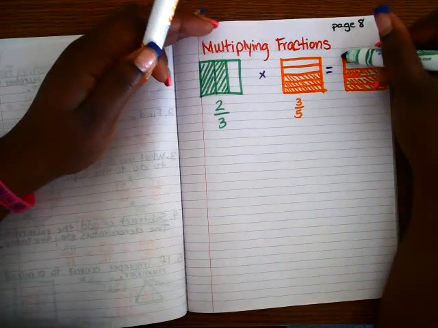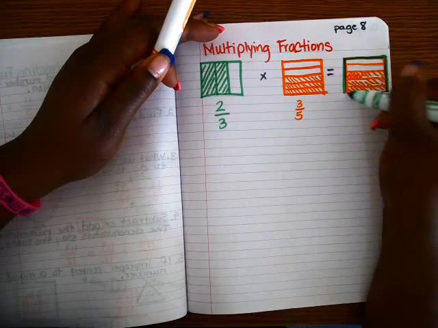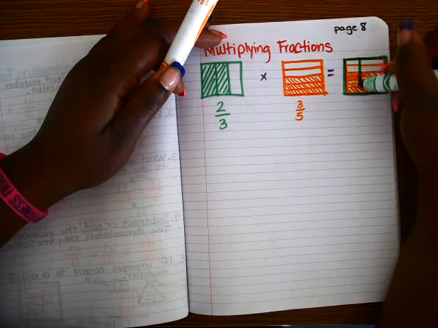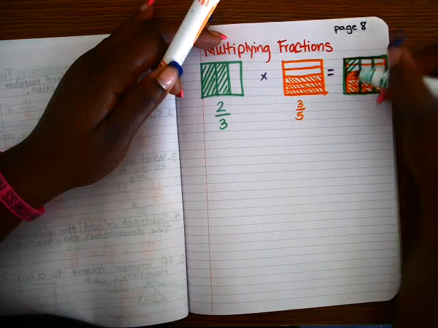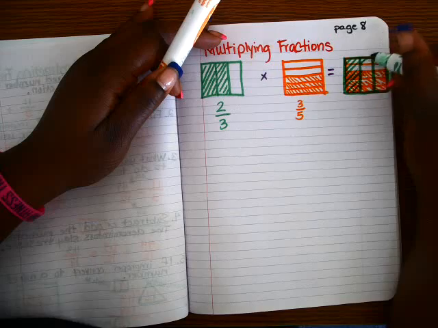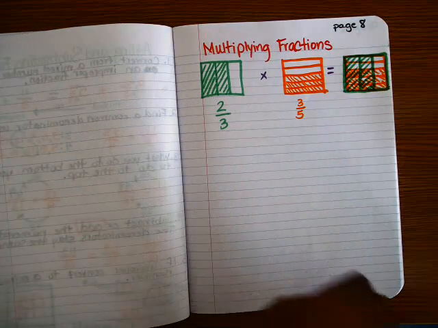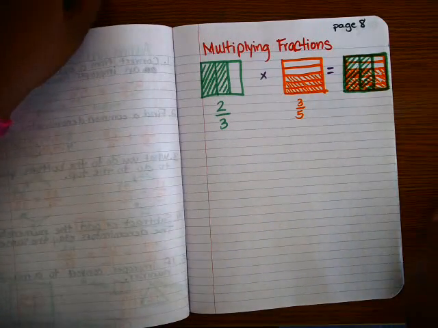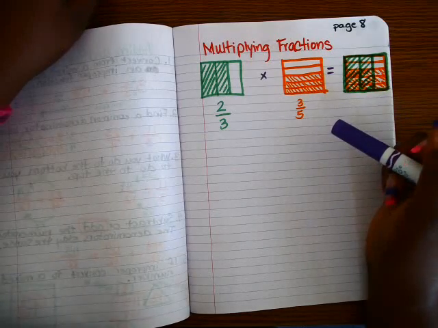Alright, and I'm going to create that same 2/3 and I'm going to sit it right on top of the other one. And I'm going to shade in 2/3 of that. Okay, so the great thing is you want to see what overlaps. And what I mean by overlap is I want to see which squares have both colors in them.